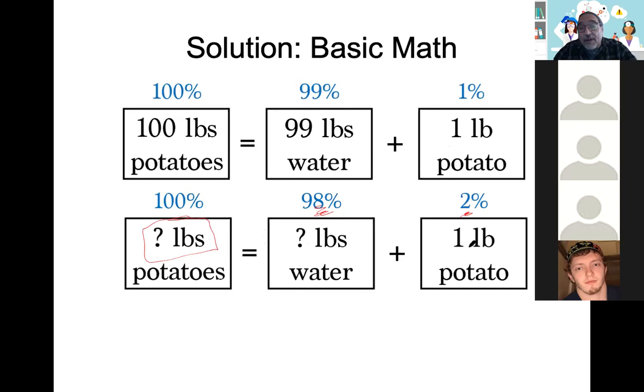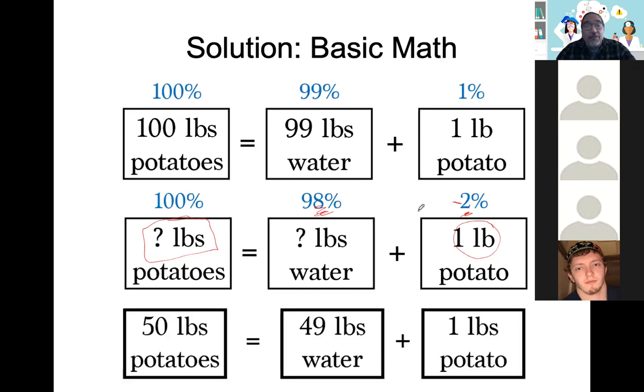But of course, we know that the amount of potato doesn't change. What changes is the proportion of the potatoes. And if we were to look at it in this context, we could figure out pretty quickly what's 2%: 1 pound out of a total of 50 is 2%. So the correct answer, believe it or not, ends up being 50 pounds of potatoes.